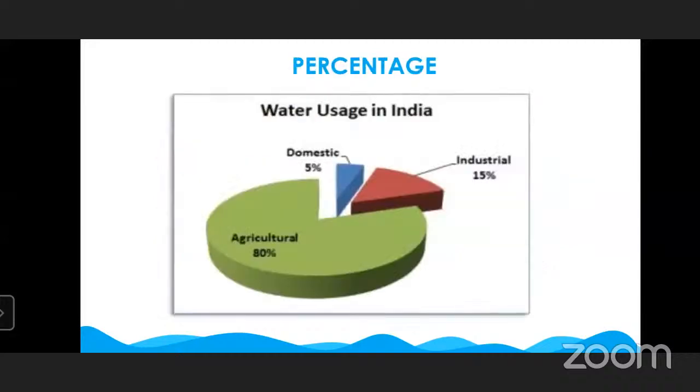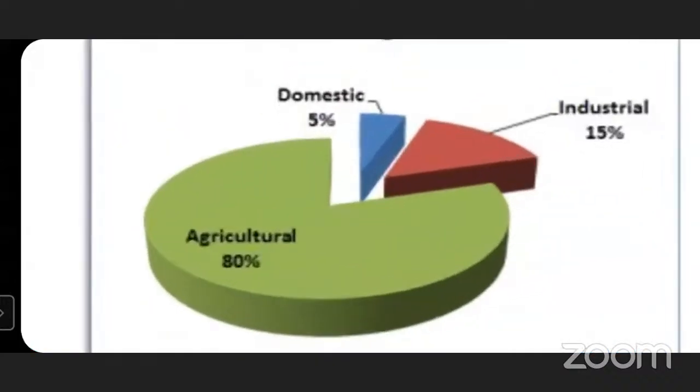This is the pie chart. That pie chart shows the distribution of water among these three common uses of water. See, this green color shows agricultural use. About 80% of water we use in agriculture.